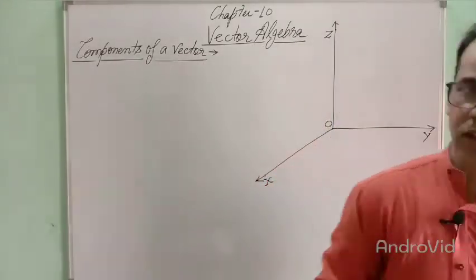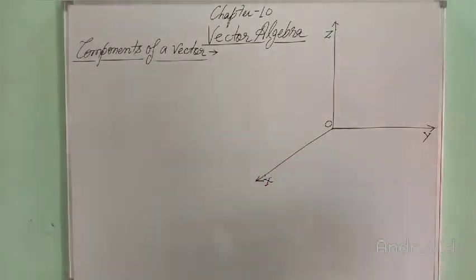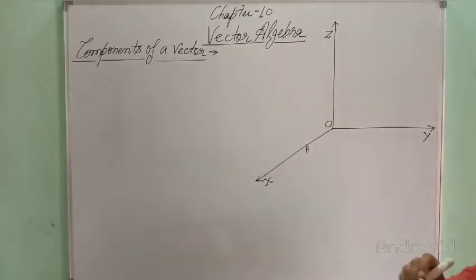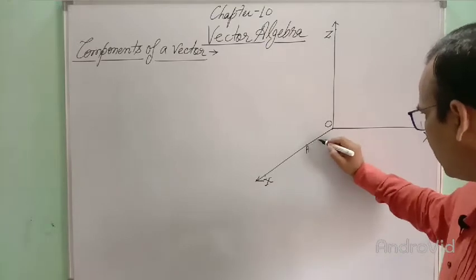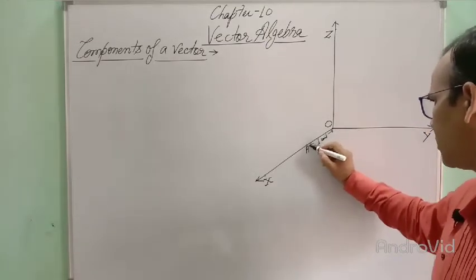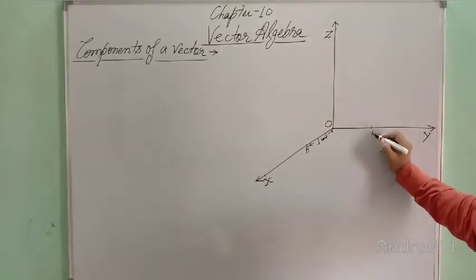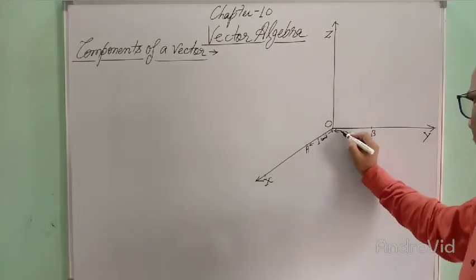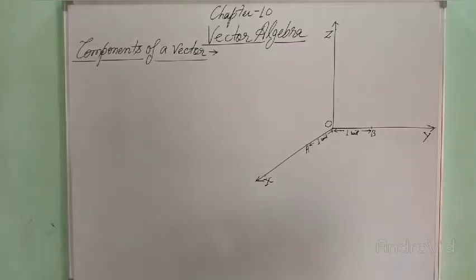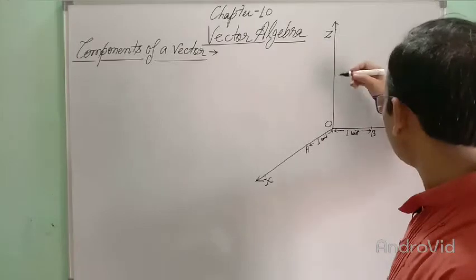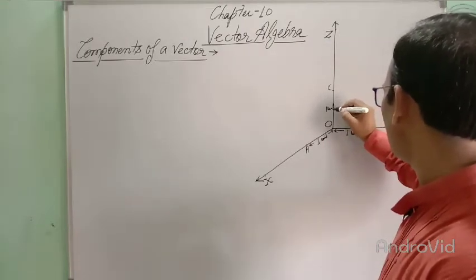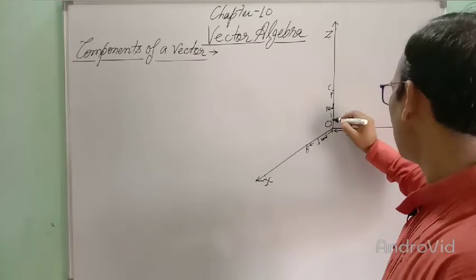Now let us take 3 points on these coordinate axes at a distance of 1 unit from the origin. So let this point A be at a distance of 1 unit from the origin. Similarly, let us consider another point B at a distance of 1 unit from the origin. In the same way, we can take another point C at a distance of 1 unit from the origin.